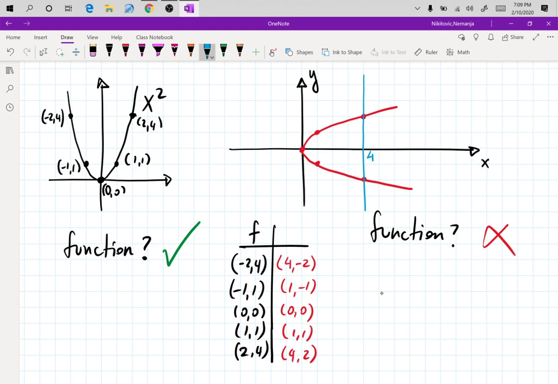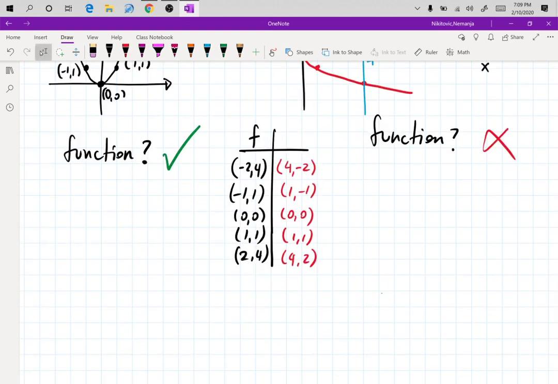Now, to spot that there is no inverse function, we use the horizontal line test on the black function, on the original function.